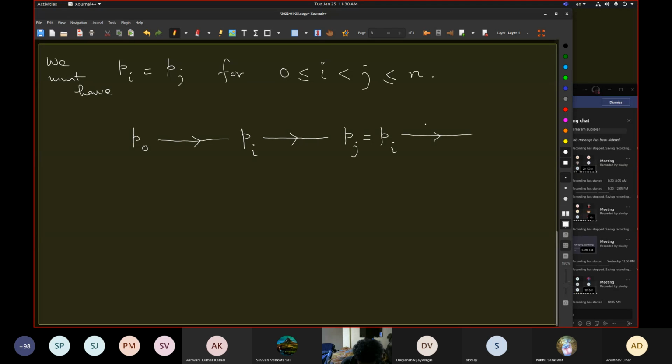And finally, you read whatever comes after this Pj, and you eventually reach a final state. So this entire thing is labeled by W. I call this part X, this part Y, this part Z. So that means W can be written as XYZ. Also, since i is less than j and we are talking about a DFA without epsilon transitions, we must have the length of Y greater than or equal to 1. Agree or not?